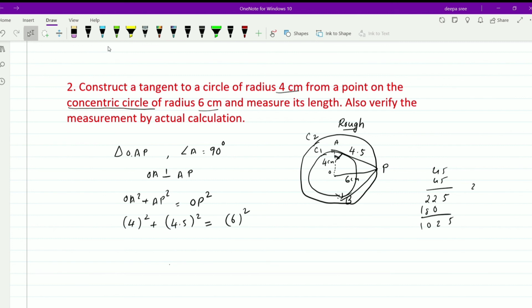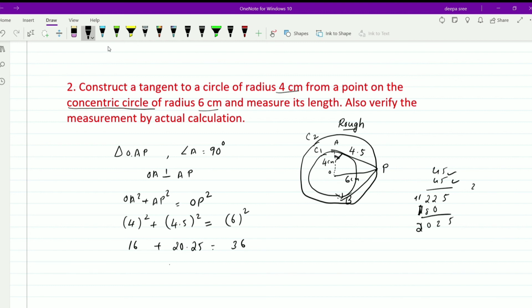So we have to verify whether both are equal or not. 4 square is 16 plus 4.5 the whole square, 45 into 45, that is 20.25. We are getting 36.25, which is equal to 36.